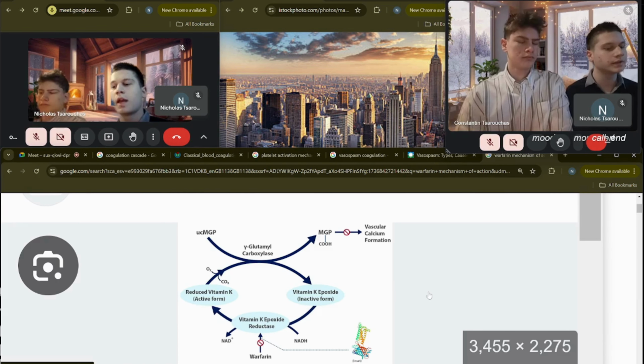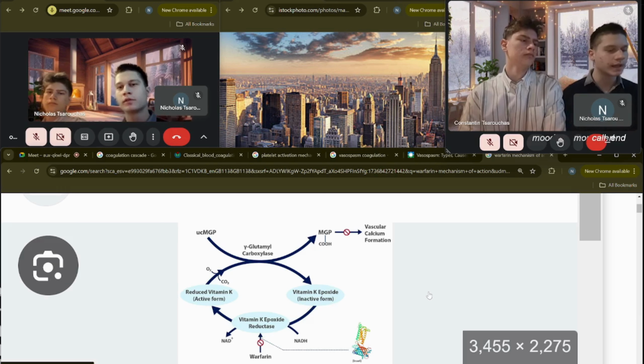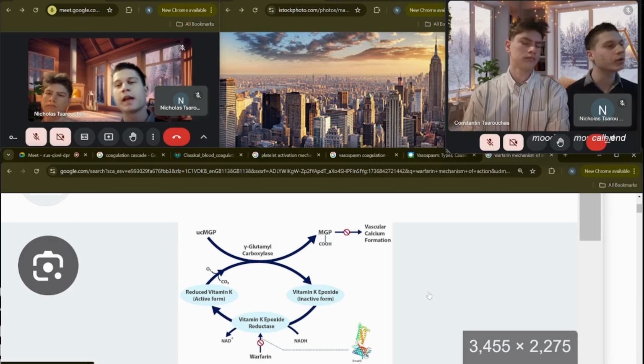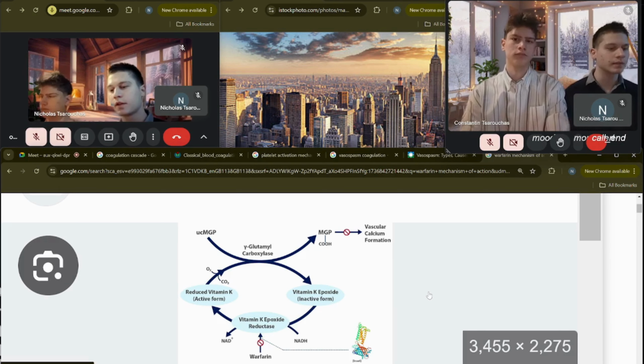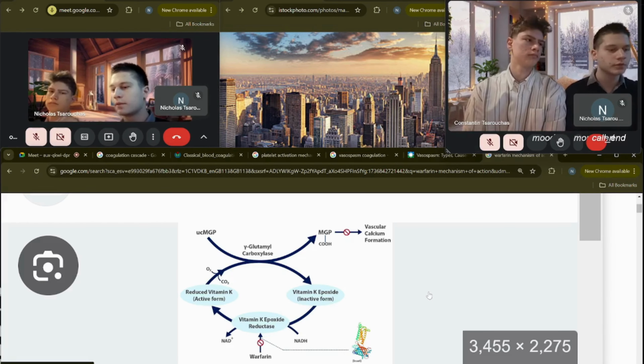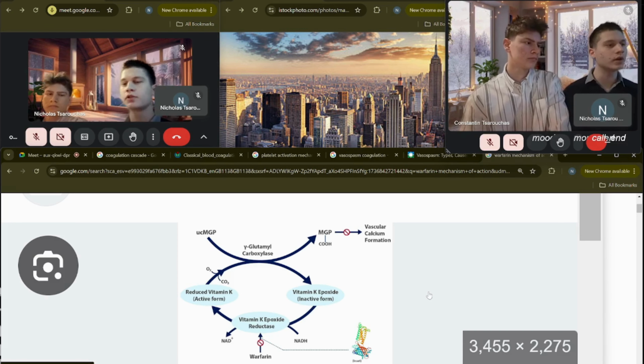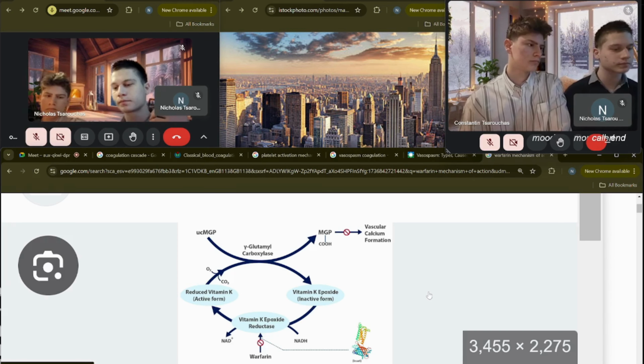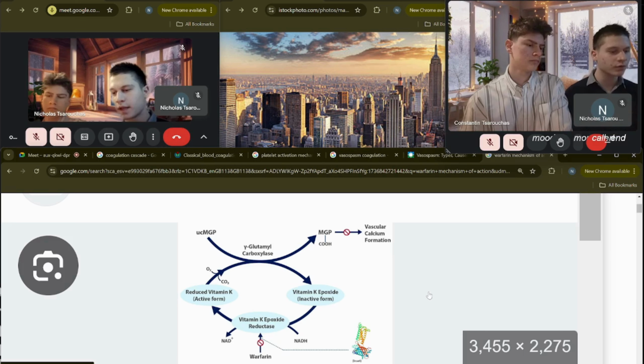It is basically an inhibitor of vitamin K epoxide reductase. It blocks at component 1 of the pathway of using vitamin K. You need vitamin K for the activation of your clotting factors 2, 7, 9, and 10.